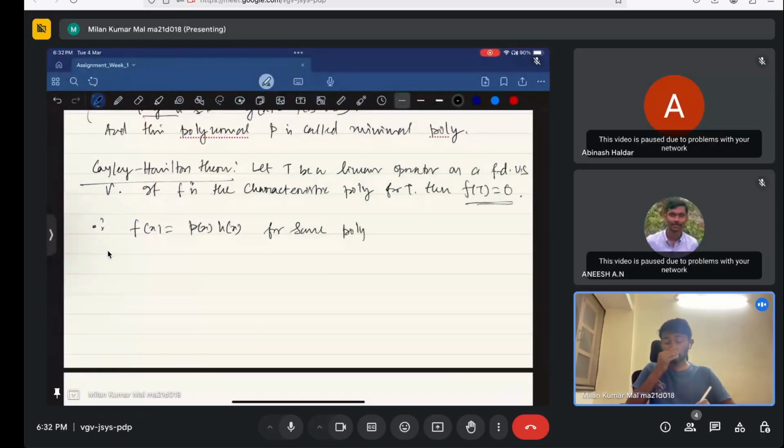So in general we will denote f as the characteristic polynomial and p as the minimal polynomial.